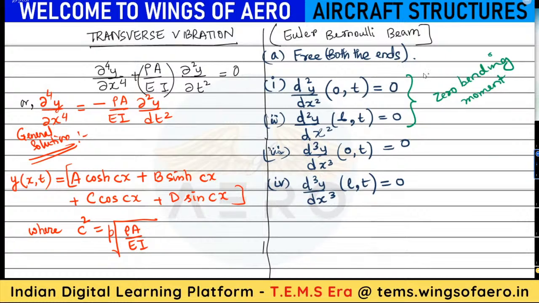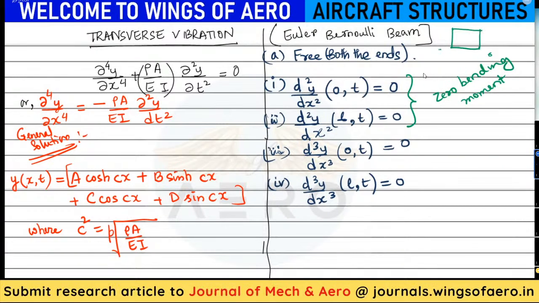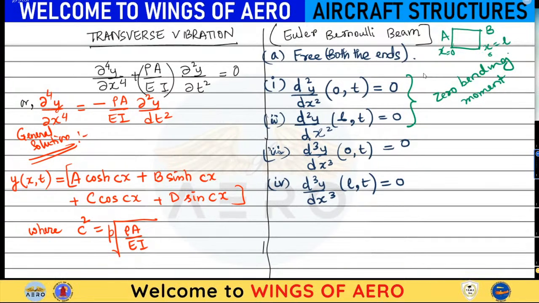In that case, at x equal to 0 and x equal to L, both the ends A and B will have no bending moment.